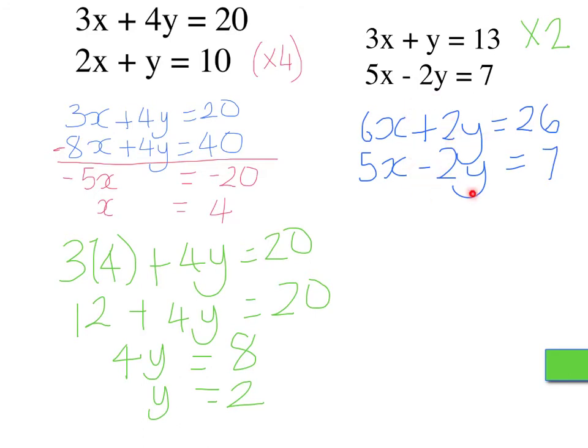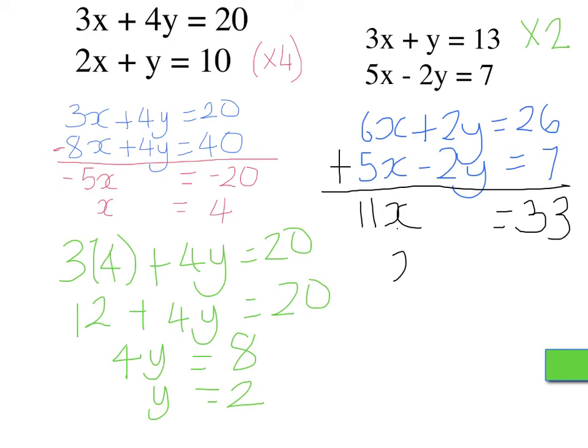In order to eliminate the y's, I need to now add the two equations. 6x plus 5x is 11x. 2 plus minus 2 is 0, it's eliminated. And 26 add 7 is going to give me 33, which means x must be 3.